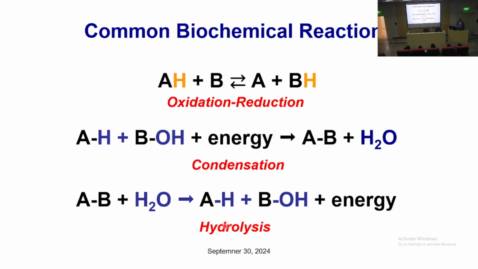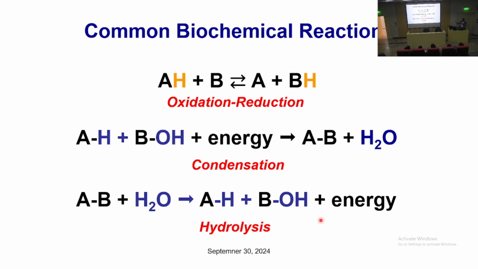Hydrolysis is the opposite of condensation. We have molecule AB. If we add water to this molecule, we will get the first molecule AH plus B with the hydroxyl group, plus energy. So for condensation, you need energy, and it is a unidirectional reaction, only in that direction.